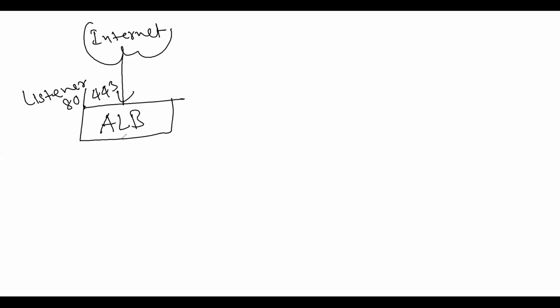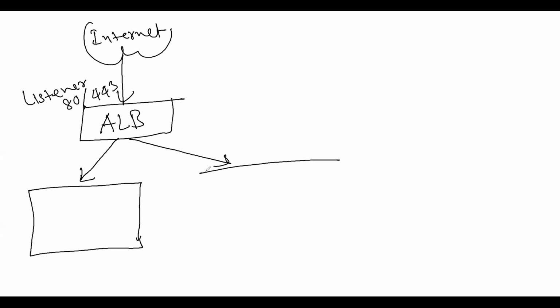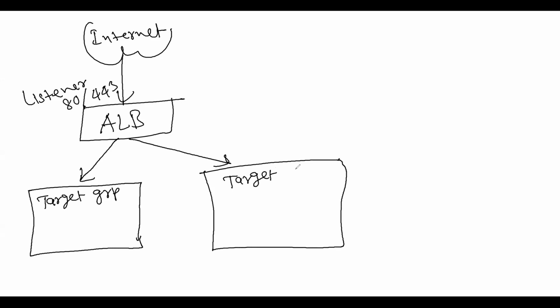What we do here, instead of directly registering, we create something called a target group. Now we have EC2. Here you can define some rule.